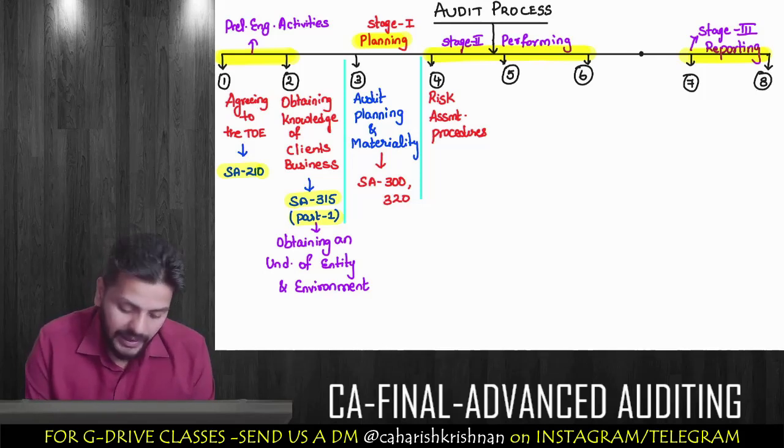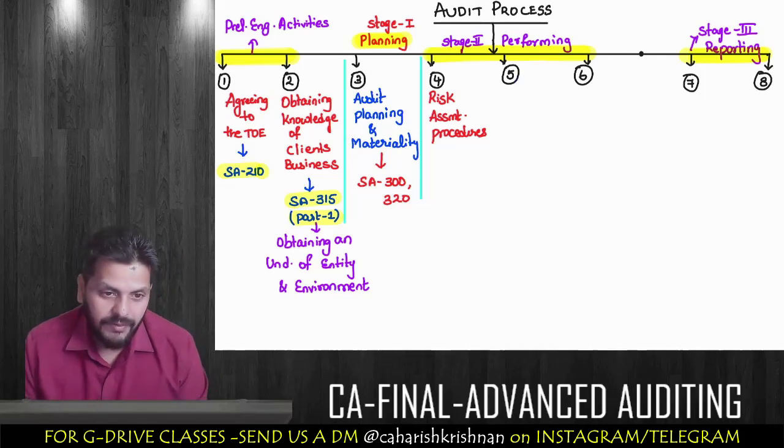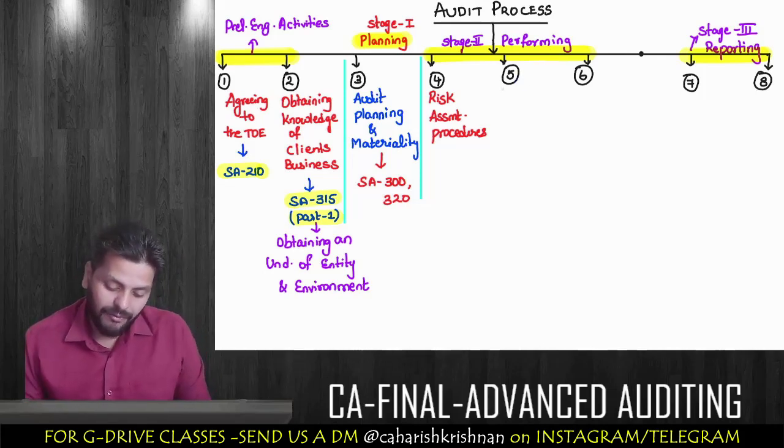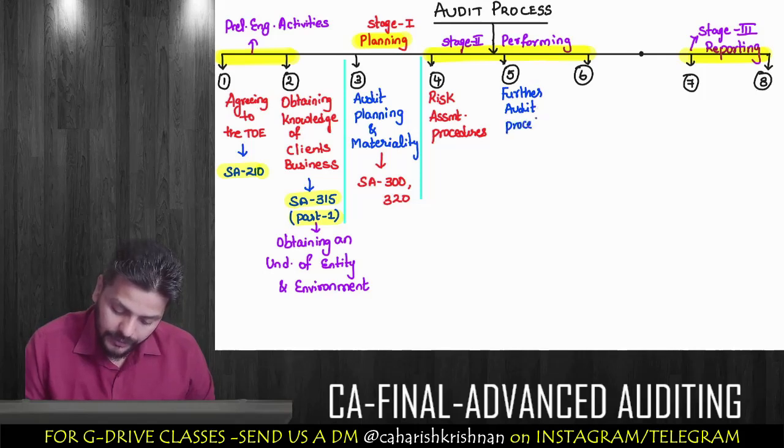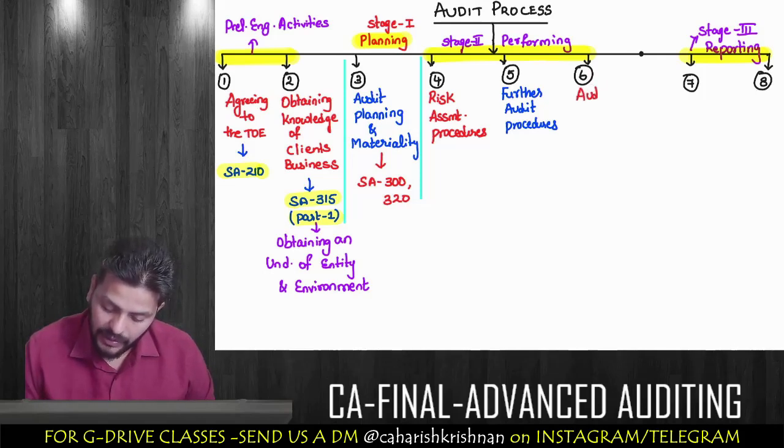Then followed by step number 5, which is called performing further audit procedures. And then step 6, which is called audit documentation.